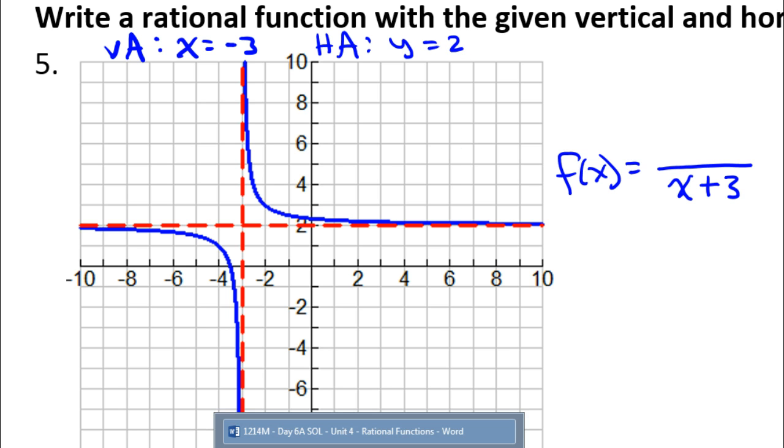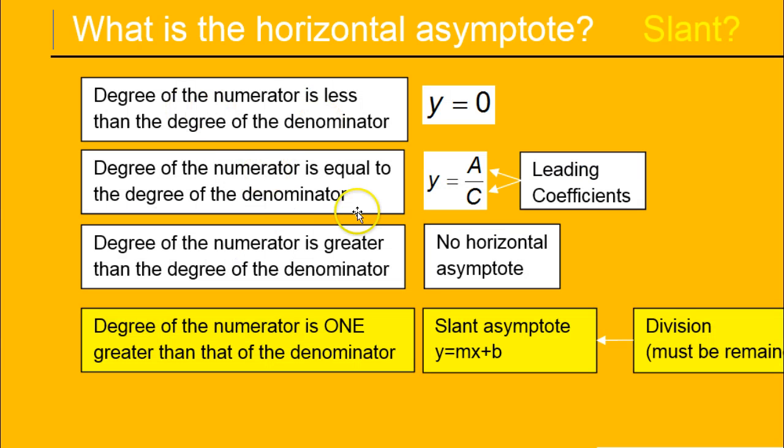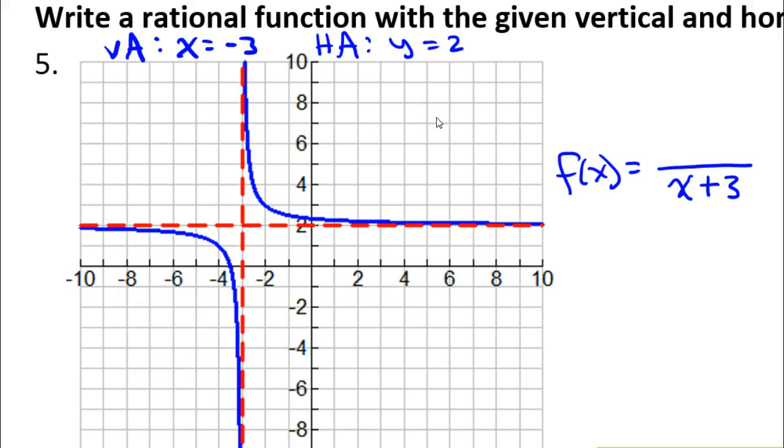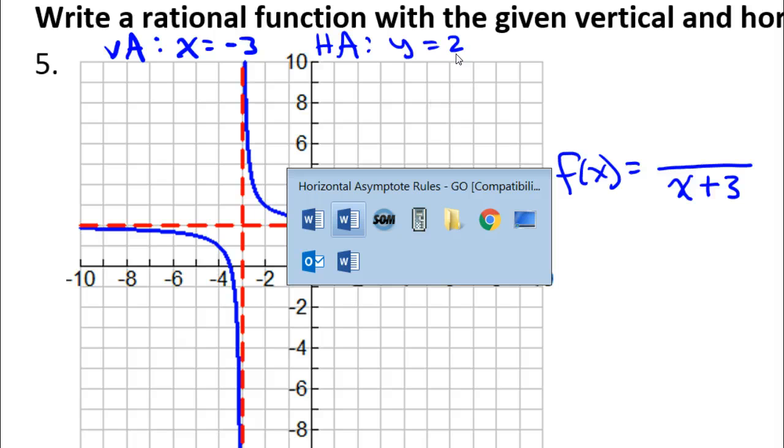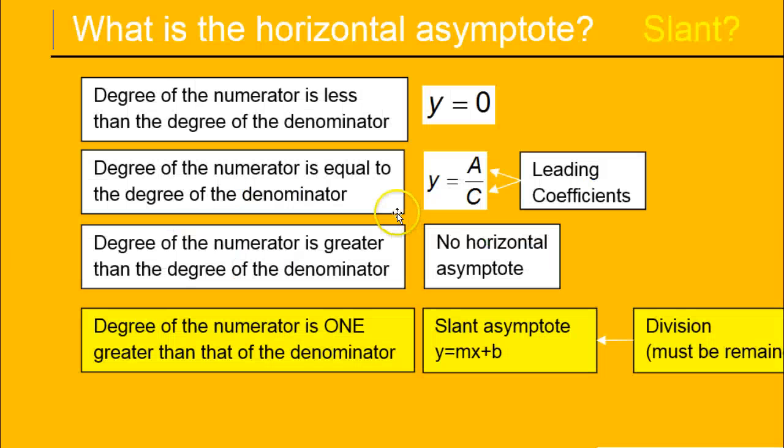Now, horizontal asymptotes are more complicated because I have to deal with the degree. Sometimes the degree of the numerator is less than the degree of the denominator, but in that case, the horizontal asymptote would be y equals 0. I don't want y equals 0, I want y equals 2. So I need to make sure that the degree of the numerator is not less.